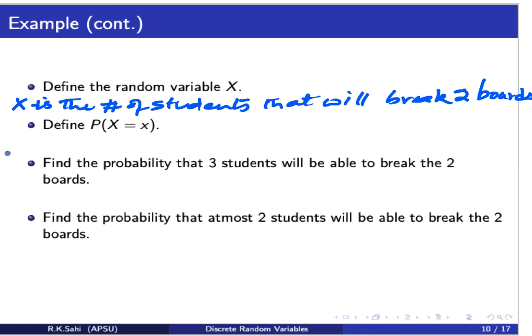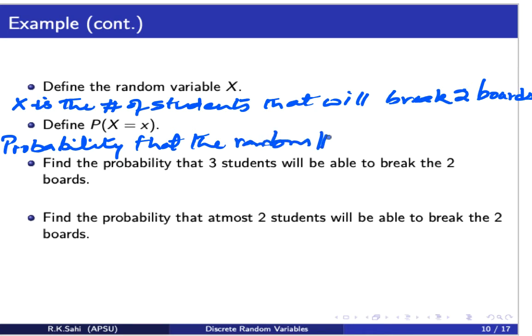So capital P is probability, and we say, define this probability: the probability that the random number of students equals this little x.